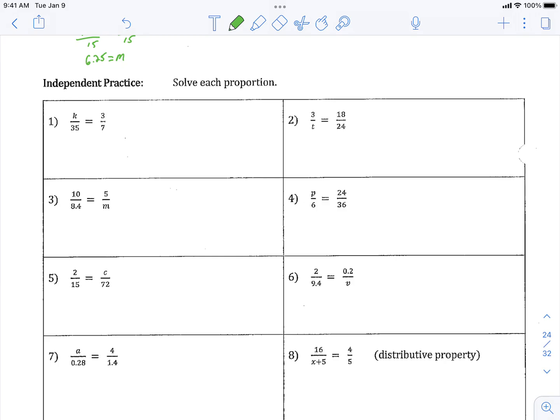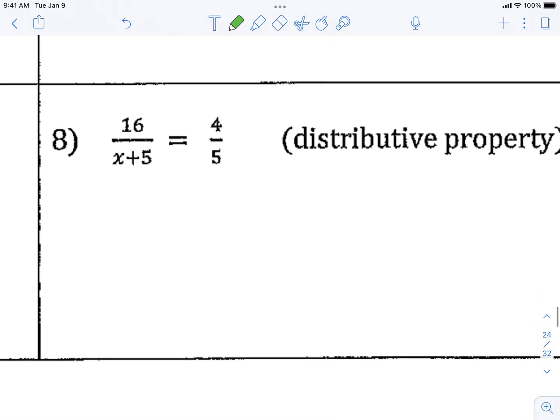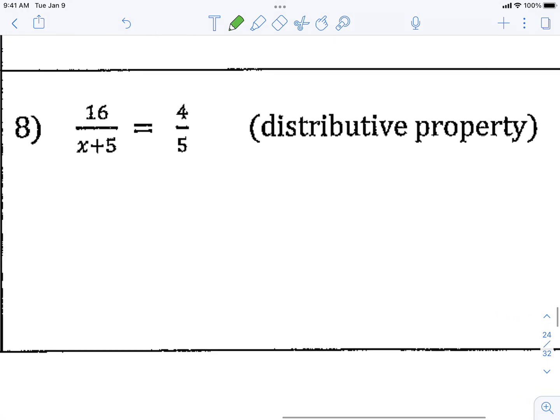I want to show you 8. 8 is a little different because you don't just have a variable by itself. You have an expression there. You have a variable with a number and an operation. Now, because it's a proportion, we still cross multiply.